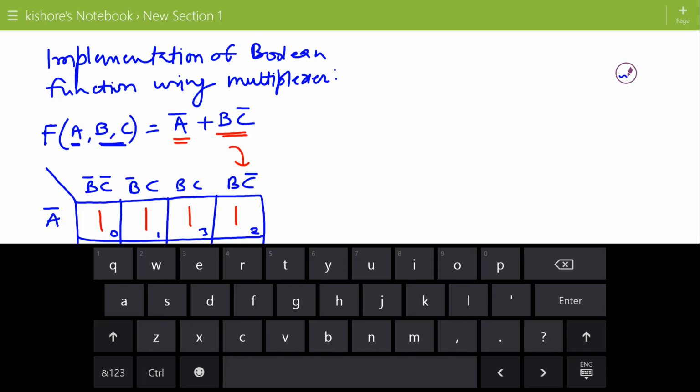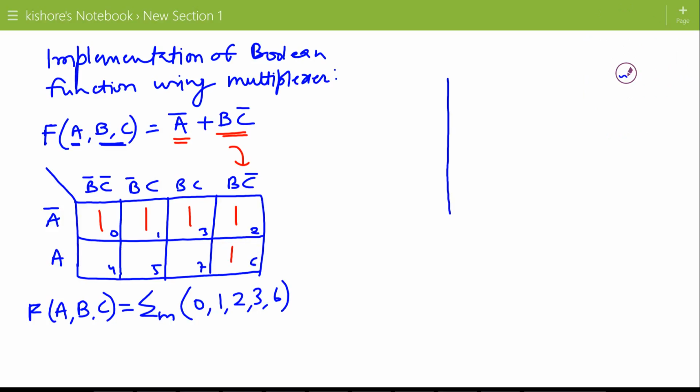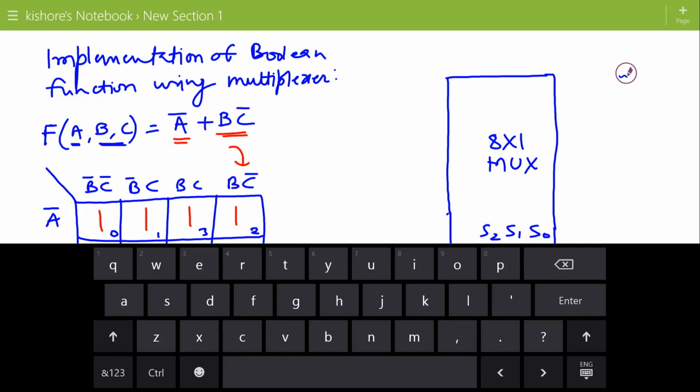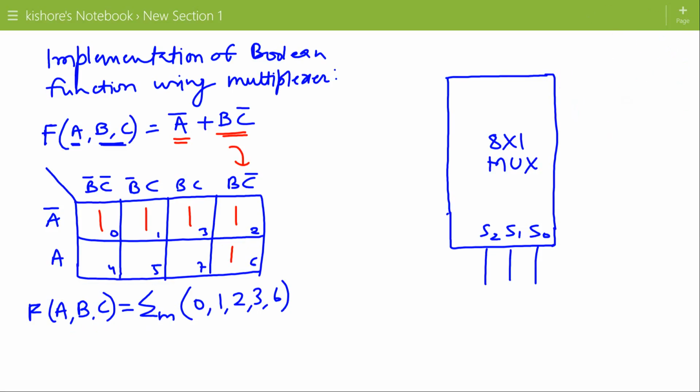Now to implement this Boolean function using 8x1 multiplexer, all the variables are connected at the select lines. S0 is selected as LSB and S2 is MSB.